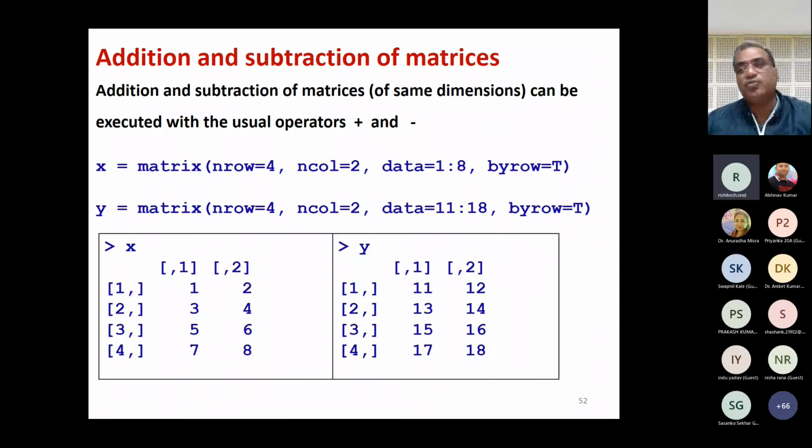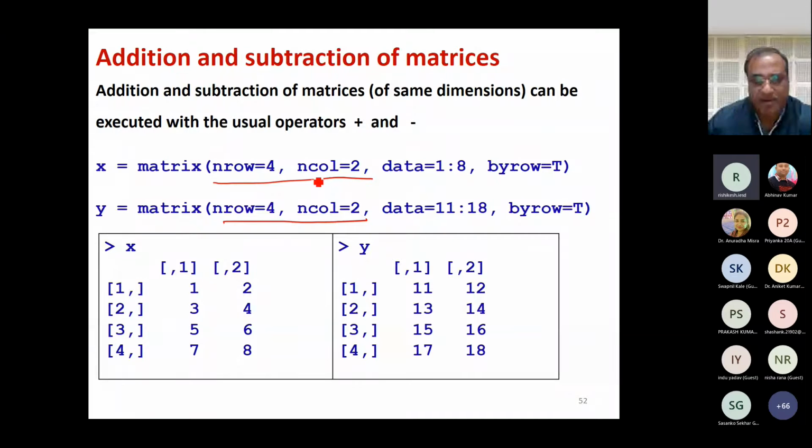So you know that when you want to do the addition and subtraction in the matrix, then each of the two matrices has to have the same order. Right, so I do it like this. I create two matrices X and Y of the same order, 4 by 2.